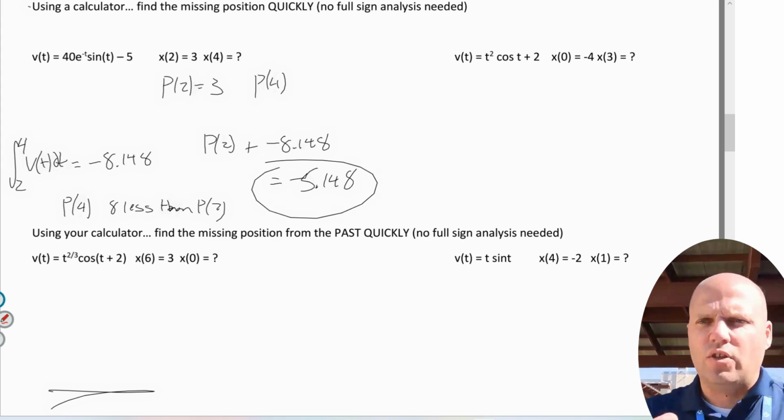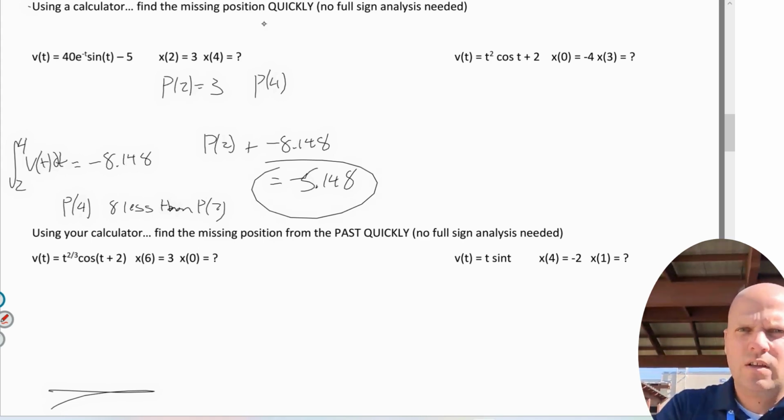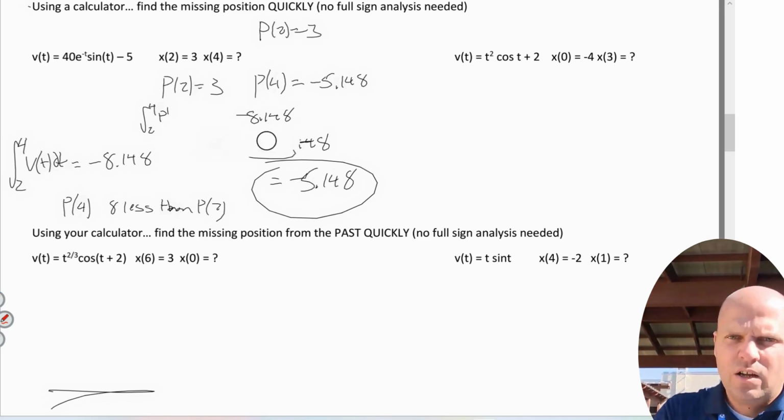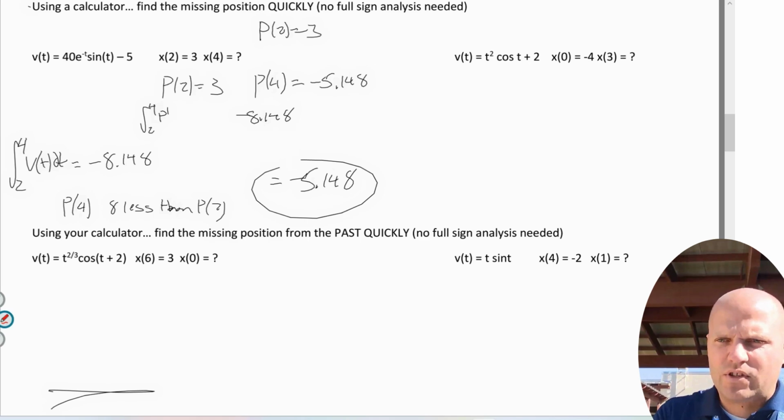Okay, let's see these 3 numbers work together. P of 2 is 3. P of 4 is negative 5.148. The accumulation of P prime is negative 8.148. Let's see how those 3 numbers work together so that we can go forwards or backwards.